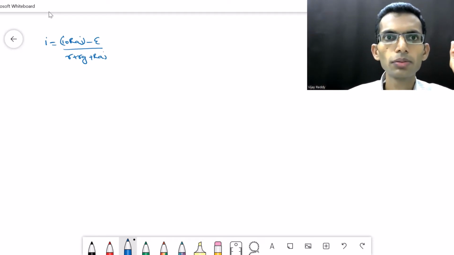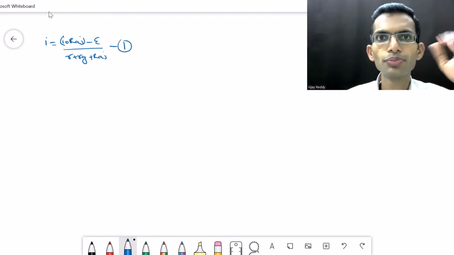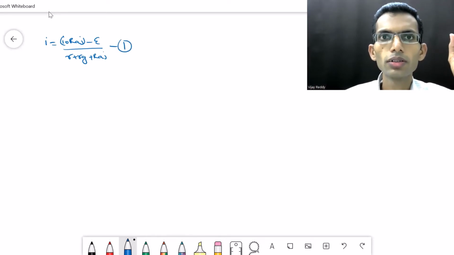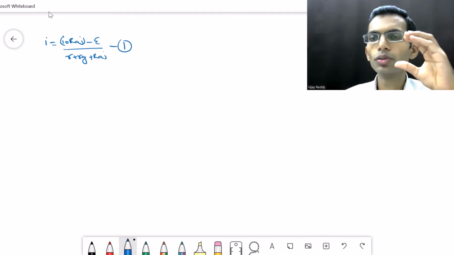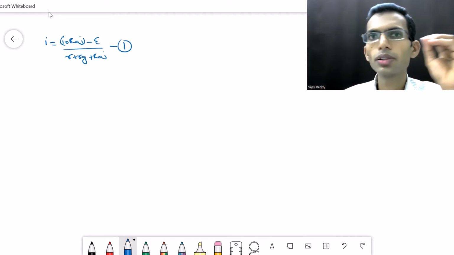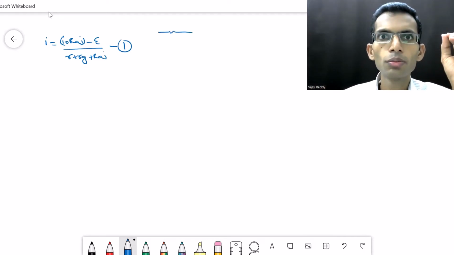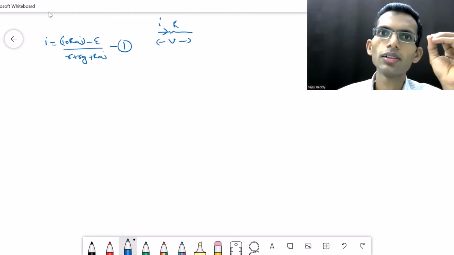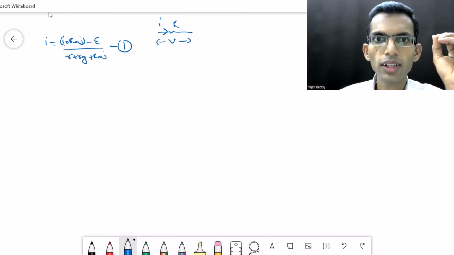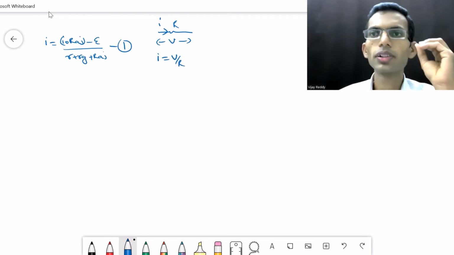Let me name it as equation 1. So what does Ohm's law state? Ohm's law relates the current flowing through the resistor and the potential difference across the resistor, like this: I is equal to V by R. We know this is the Ohm's law expression.